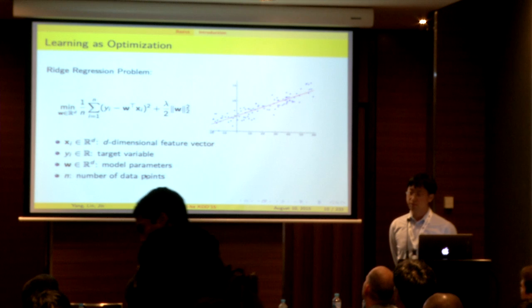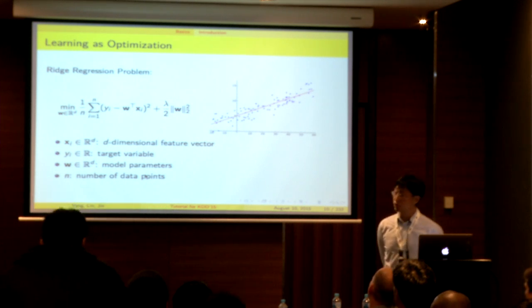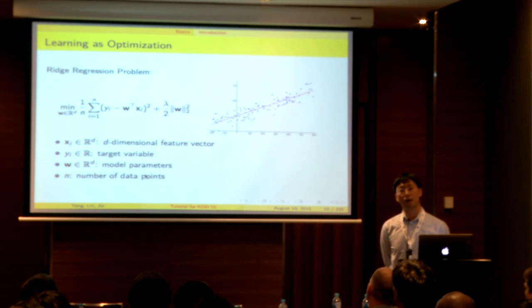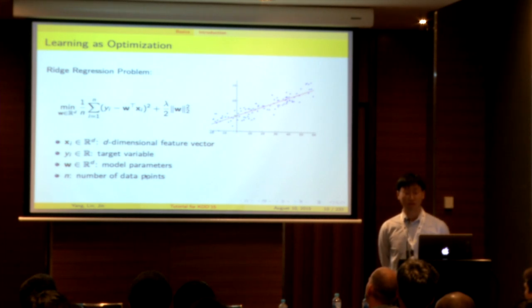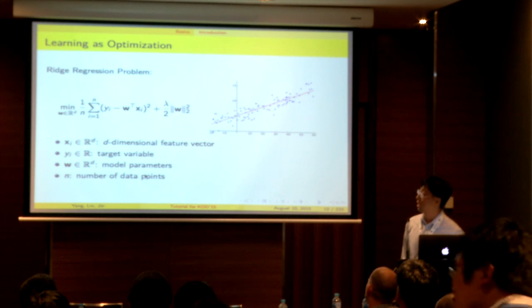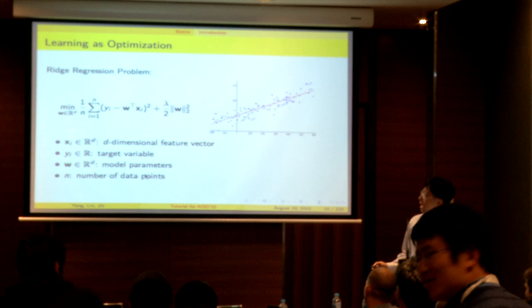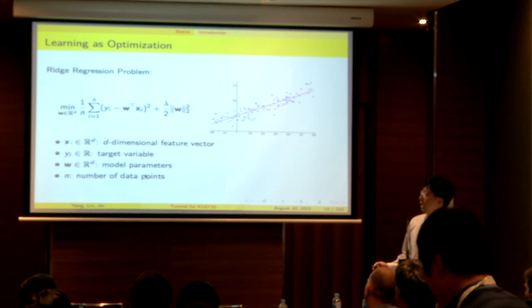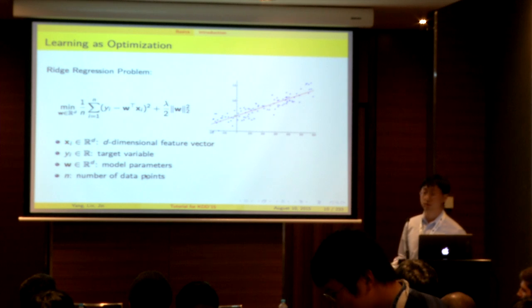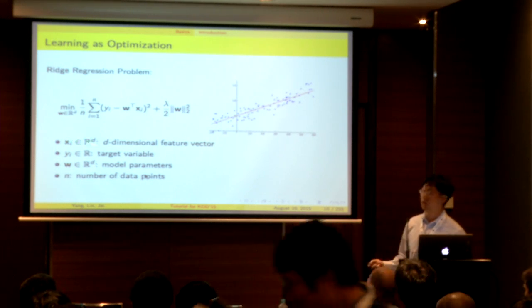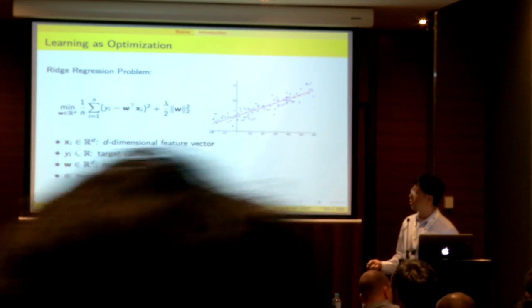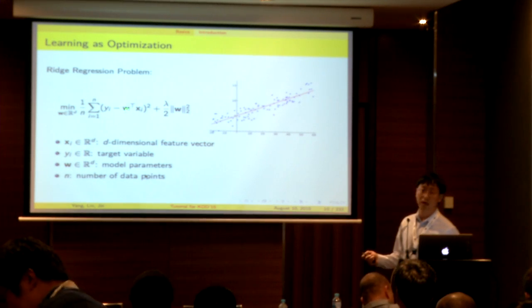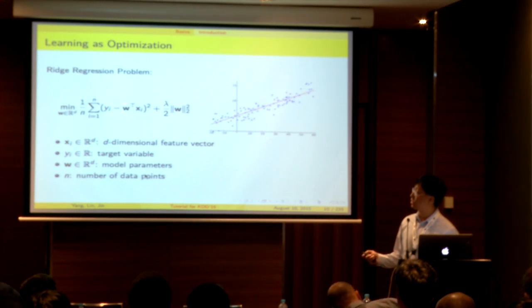This big data and big model pose great challenges because most machine learning problems can be formulated as optimization problems. To give you some examples, here I show you the ridge regression problem. We are given a bunch of training data. x_i represents the feature vector of the i-th example, a d-dimensional vector, and y is a target variable. Here we are interested in learning a linear model w, which makes predictions by the inner product between w and the feature vector.